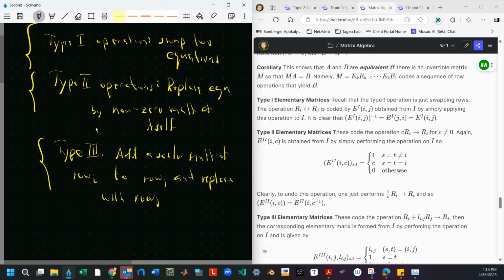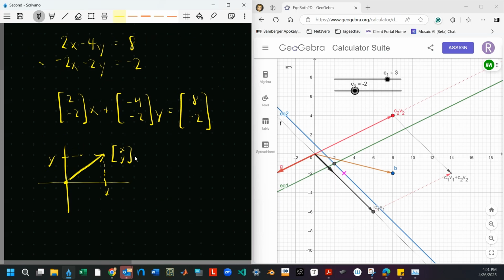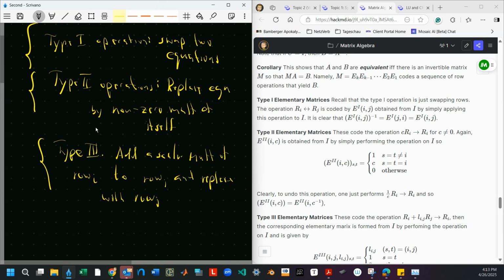Let's do a slightly bigger example, just to see a bigger example. So let's actually do this 3x3 version here. So let me just clear all this. Okay, so I take this system, I'm going to put it into a matrix, right?